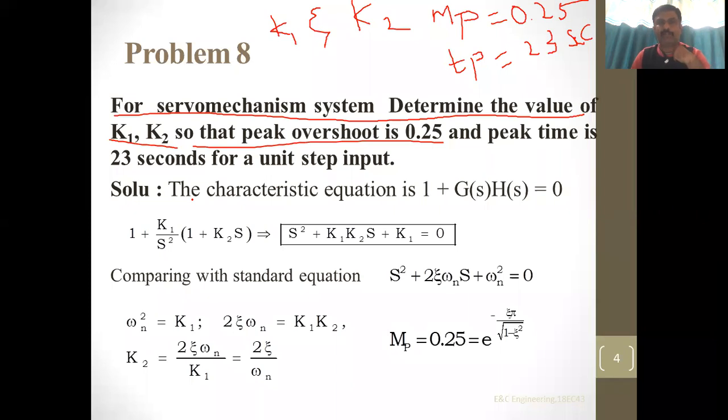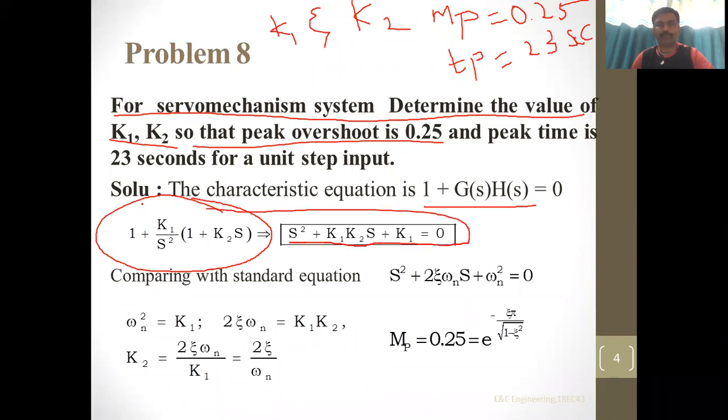The characteristic equation itself is directly given in the problem: 1 plus K1 by S square into 1 plus K2S. Is it okay? Next, if I simplify this equation by taking LCM, it becomes S square plus K1 into K2S plus K1 is equal to 0.